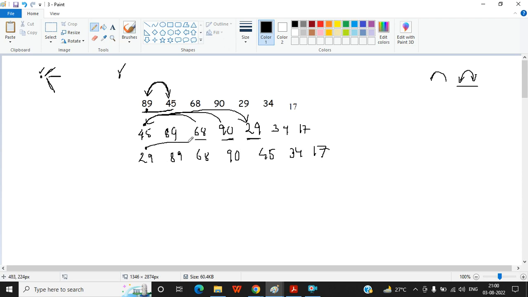Again start comparing with this one. Is the latter one less than this one? No. Then compare it with the last one, 17, which is the latter one. 17 is less than this one, so again there will be an interchange.